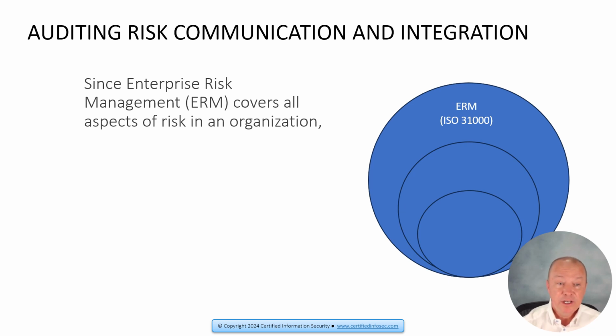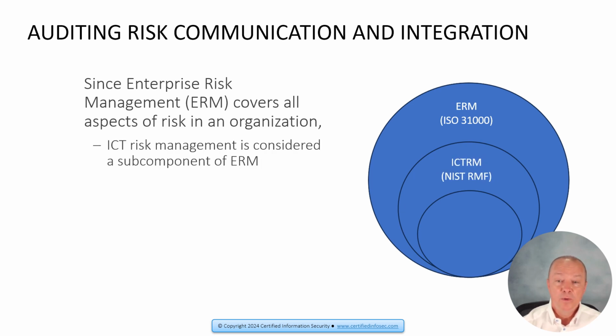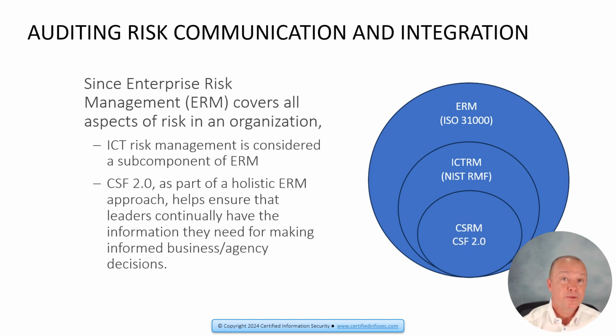So again, since enterprise risk management covers all aspects of risk in an organization, NIST CSF points out that ICT risk management should be considered as a subcomponent of overall enterprise risk management. And within overall enterprise risk management, CSF 2.0 helps ensure that leaders continually have information they need for making informed business and agency decisions as they are affected by cybersecurity risk.